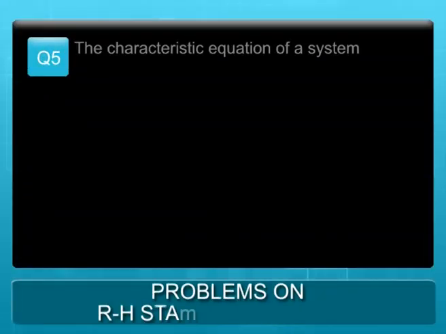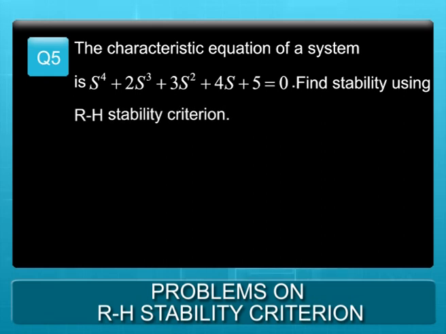Fifth problem, the characteristic equation of a system is given by s power 4 plus 2s cube plus 3s square plus 4s plus 5 equal to 0. Find out the stability of such a system using R-H stability criteria.